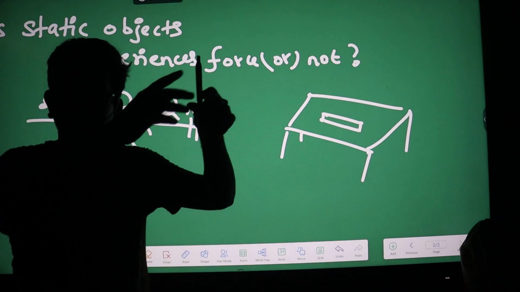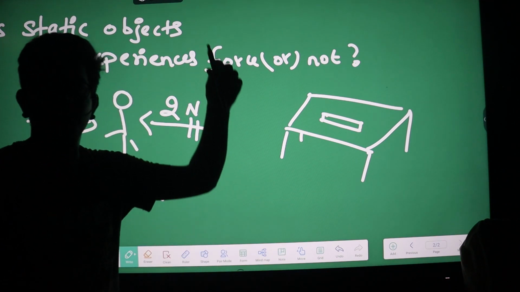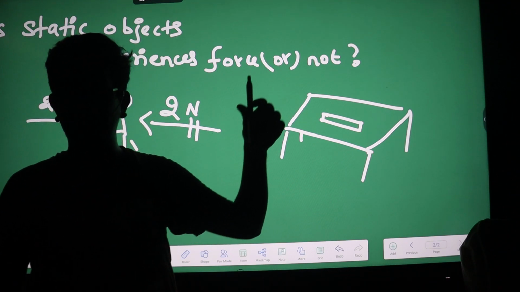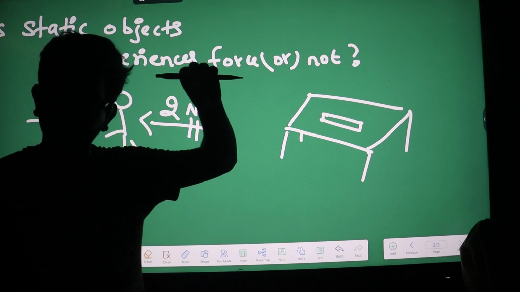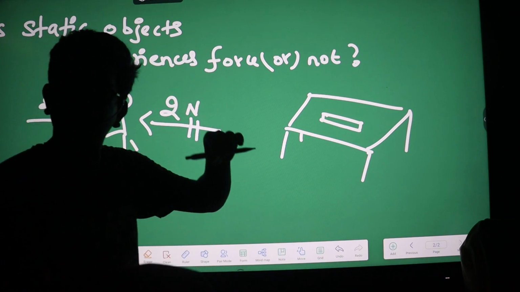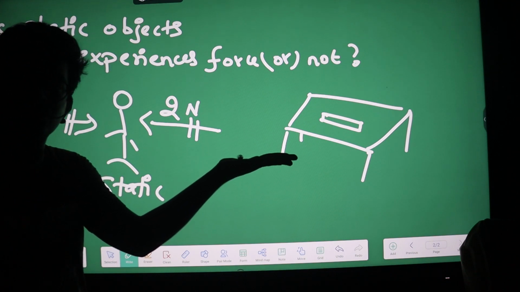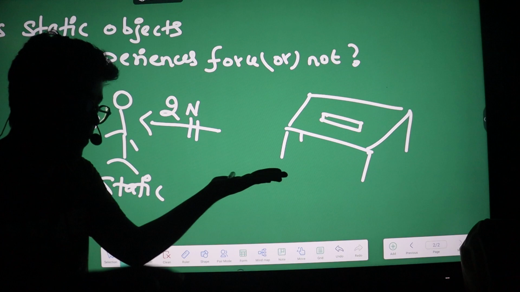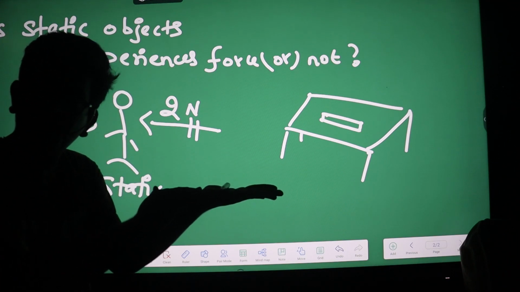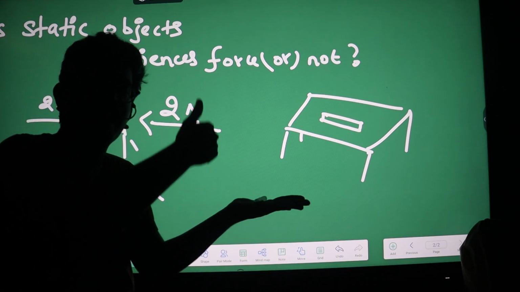For example, you can take this pen, if I leave this pen it falls down. You know the reason why it is falling down, because of the gravitational force. Everybody knows the reason. When I leave it, this pen experiences the gravitational force and falls down. But when I keep it on the palm of my hand, it is not falling down. Why is the object still at static? Because my palm is giving exactly the same force in the upward direction.